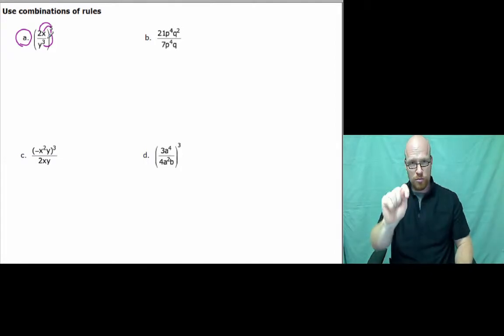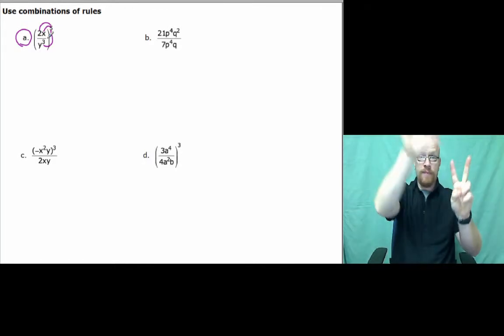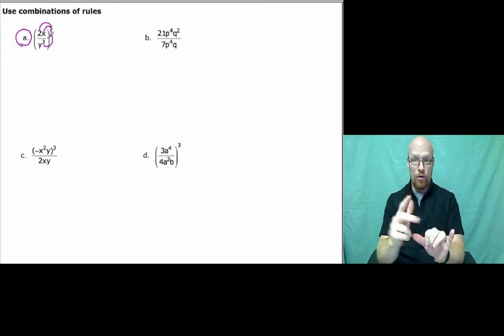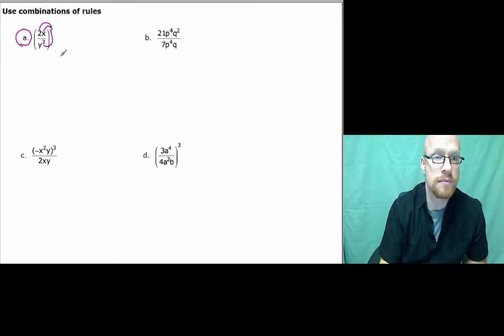Here, we have everything raised to the fifth power. And we're going to move the fifth power into the quotient. It would be 2 to the fifth, x to the fifth, and then y cubed raised to the fifth in the denominator.